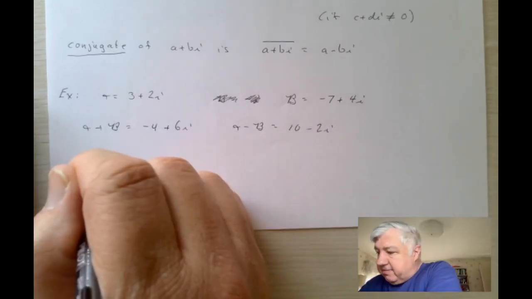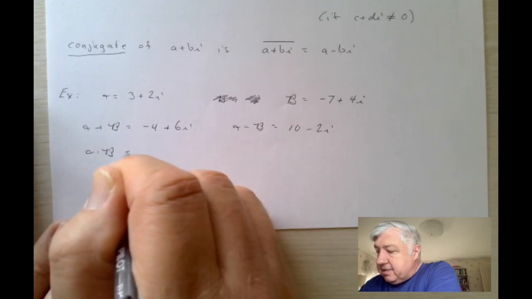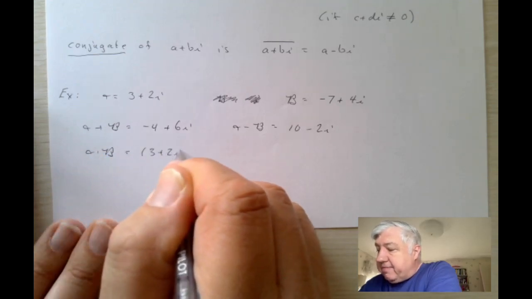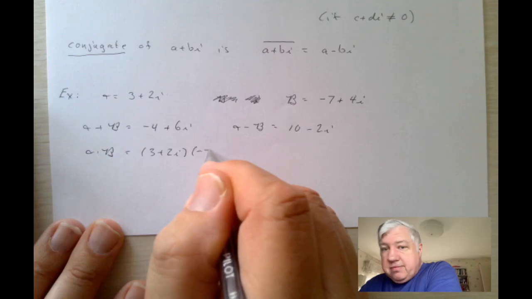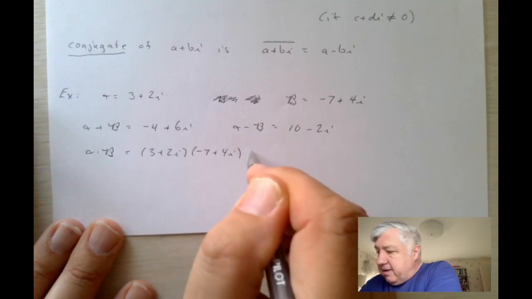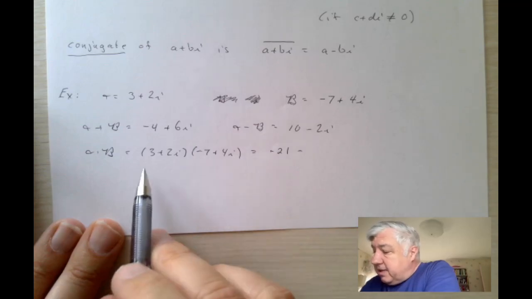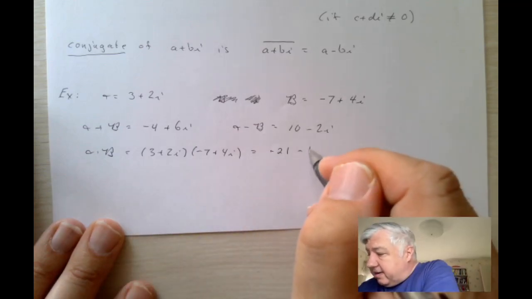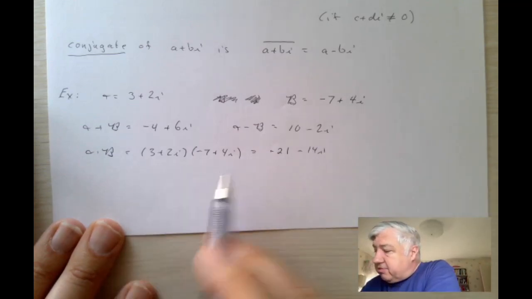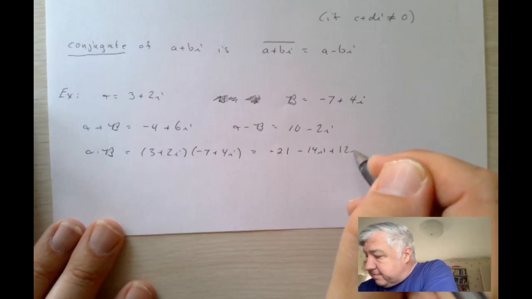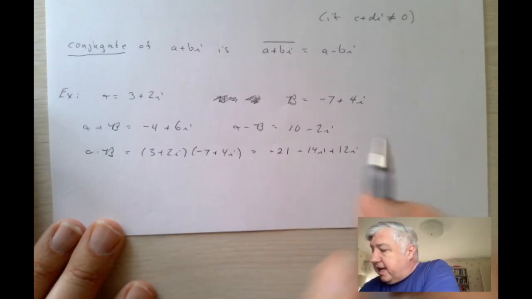And alpha times beta is 3 plus 2i times -7 plus 4i. FOIL this out, this is -21 minus 14i plus 12i plus 8i squared.